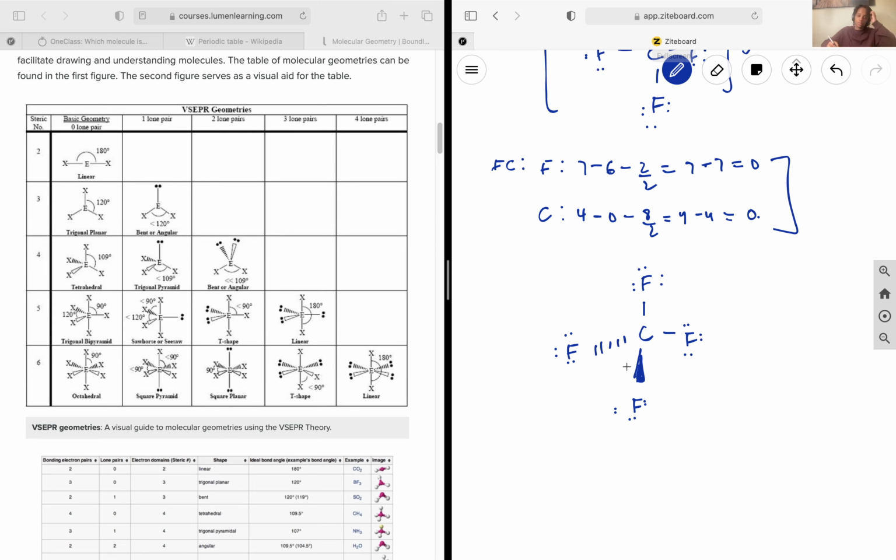Okay, and so what's actually going to happen is that you will have this dipole moment going that way. This one, since it's like a tripod, let's actually draw it on the side so that we can get a bit of a better feel for the geometry. This one is coming out, this one's coming out, and this one's coming out.